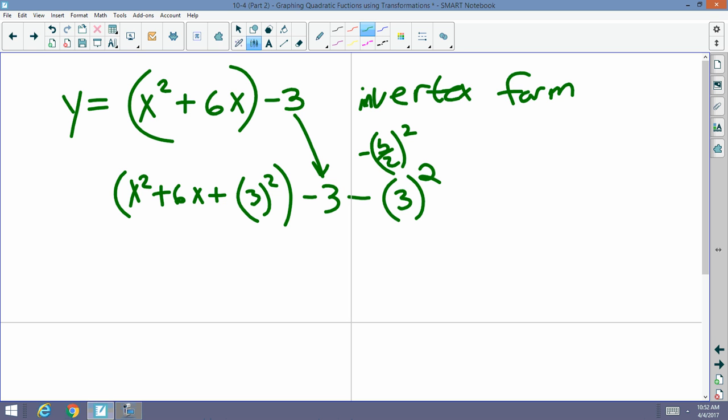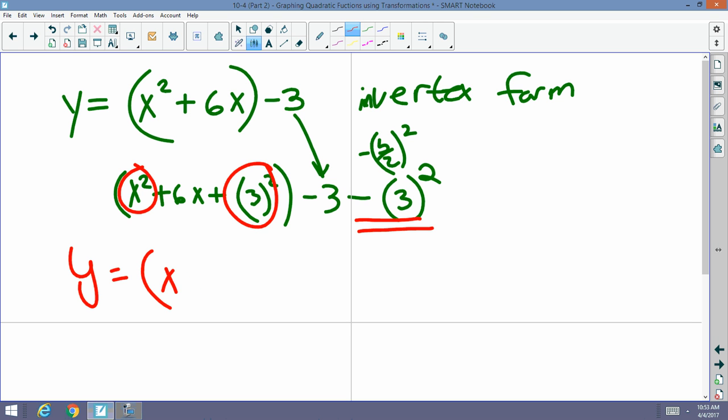Whatever you added here, you have to subtract here. You have to. And now it's easy. y equals the square root of the first term plus the inside part, which is 3 squared. And then negative 3 minus 9 is negative 12.